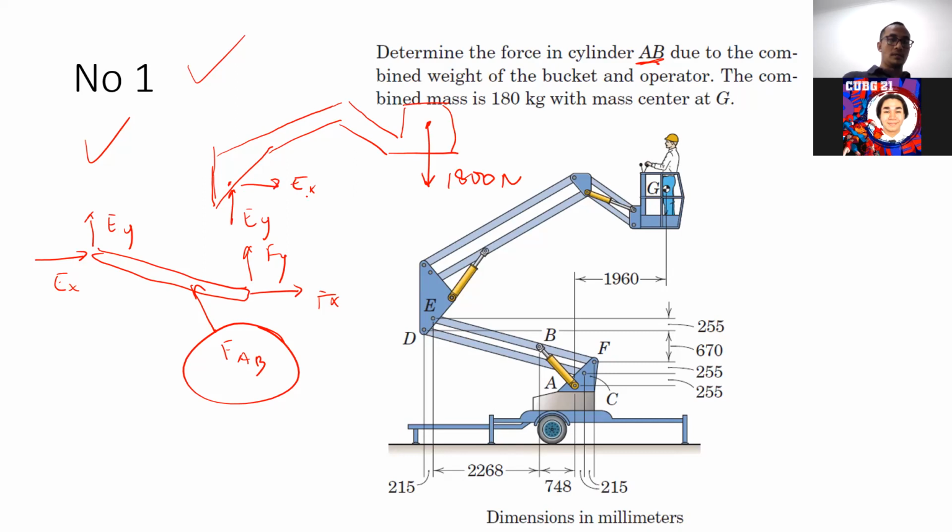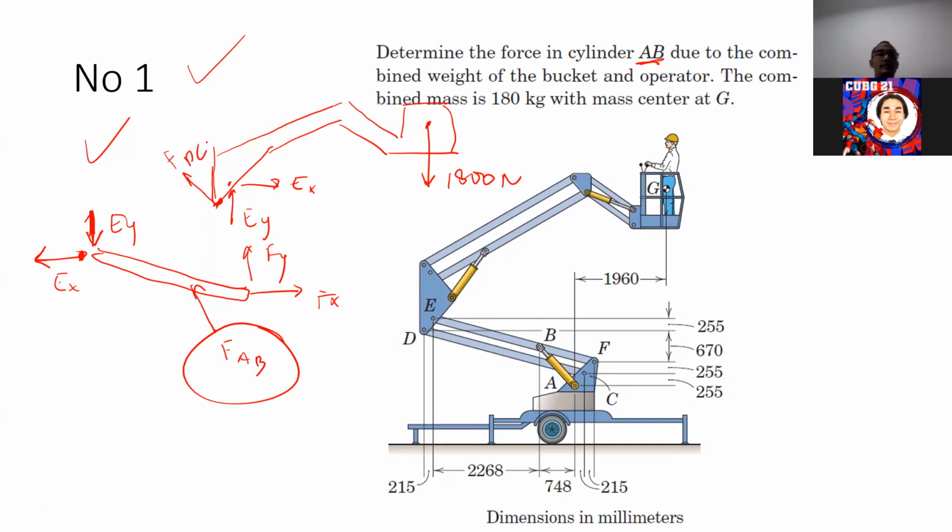I assume it that way. Here it is supposed to be the opposite: EY going down, EX going to the left. And beside that, at point D, we have force from 2 force member DC. So we have FDC here.